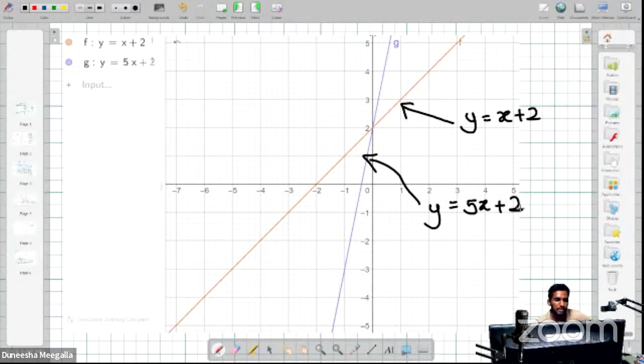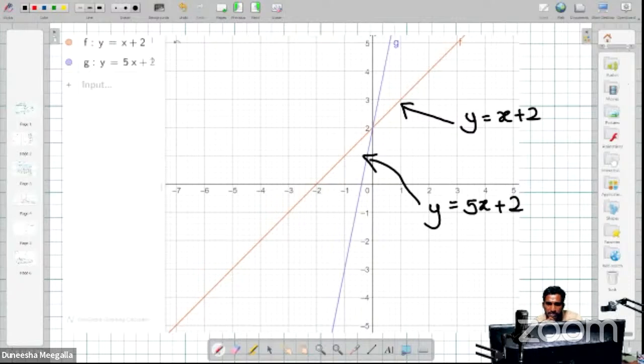What is the intercept? Satish, what is the intercept? 2. The intercept of both is 2.